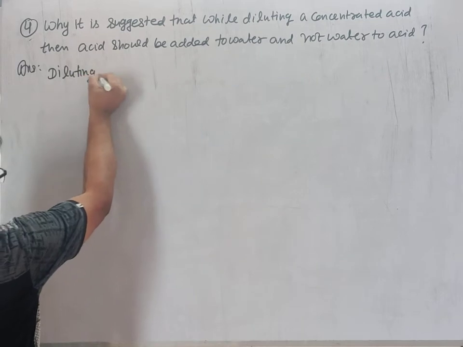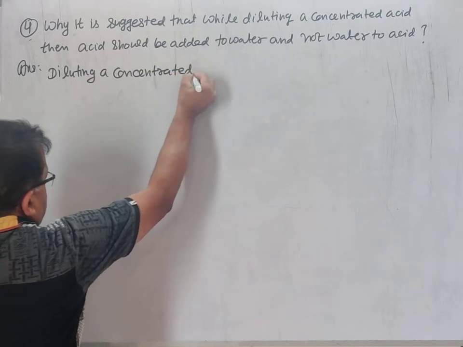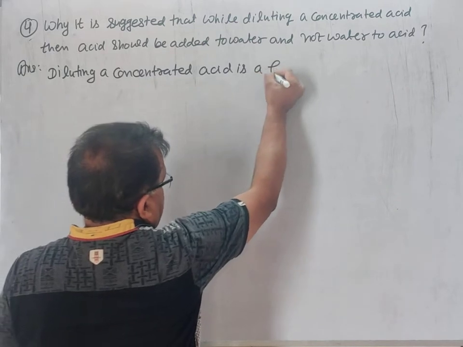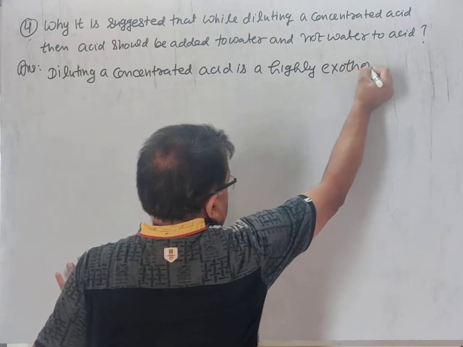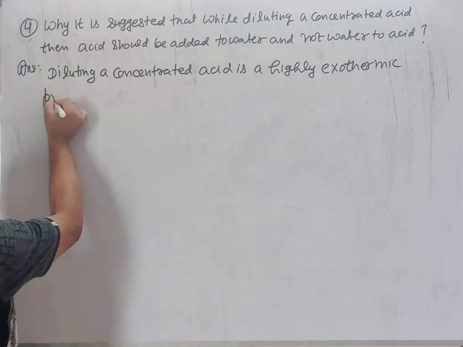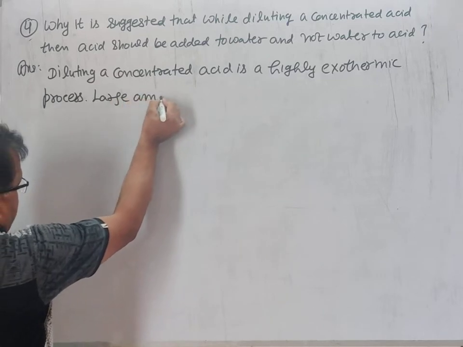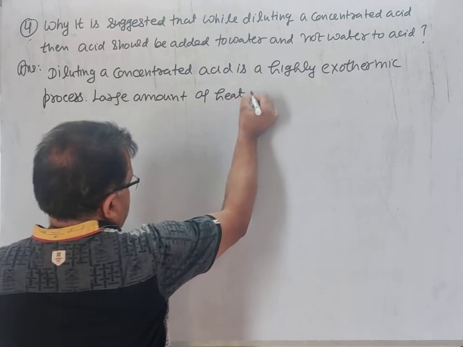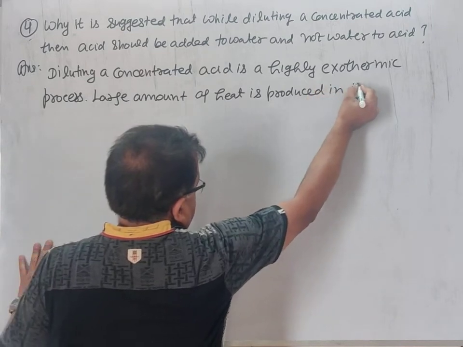Diluting a concentrated acid is a highly exothermic process. A large amount of heat is produced in it.